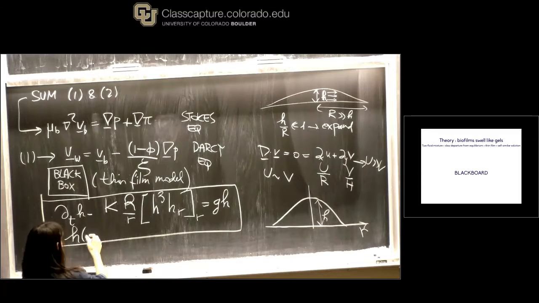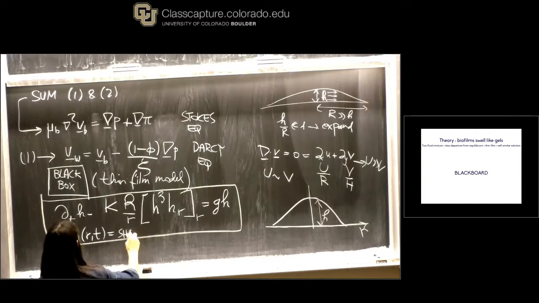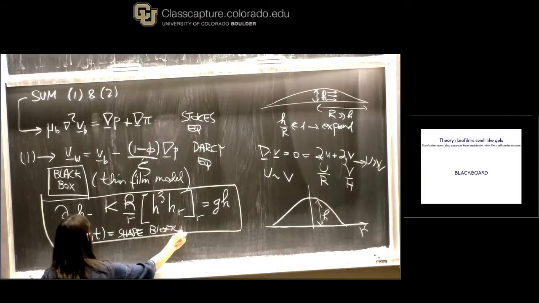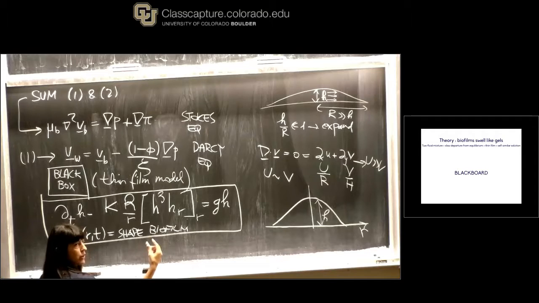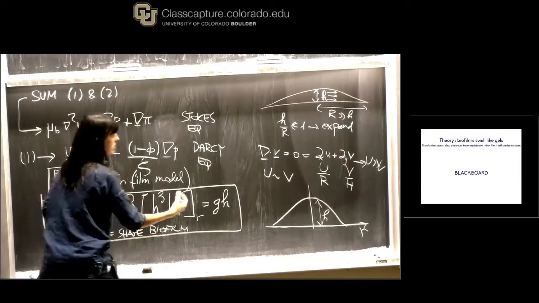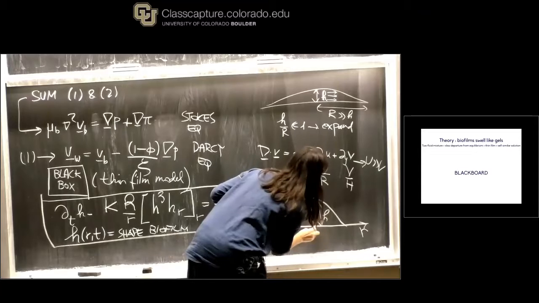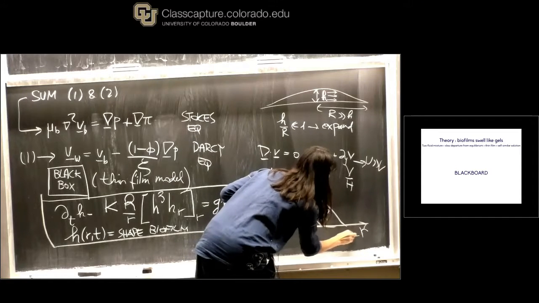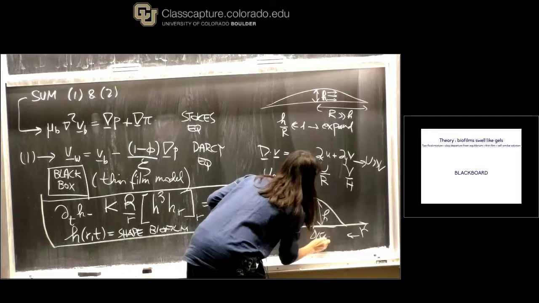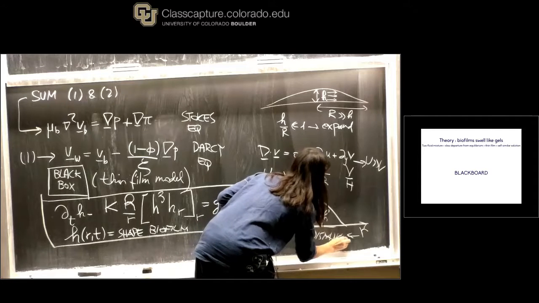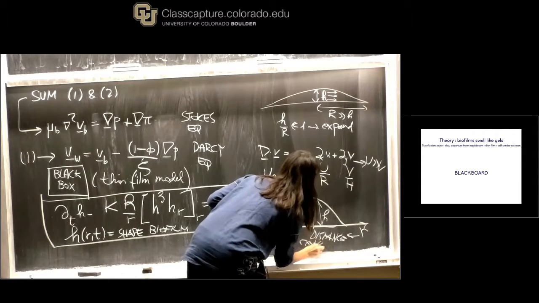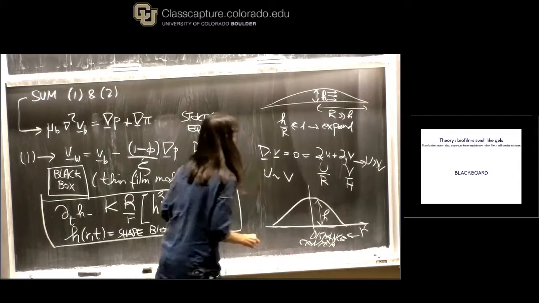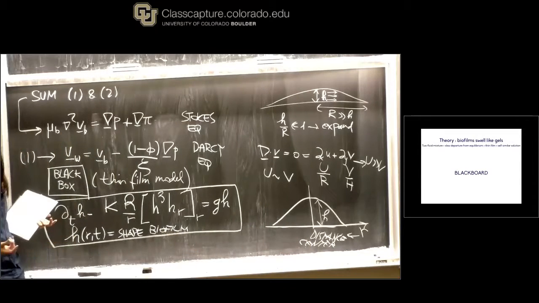Is it too low? h of r, t is the shape of the biofilm, assuming cylindrical symmetry. So we'll assume that it depends on the distance from the center, which is r, and on time.